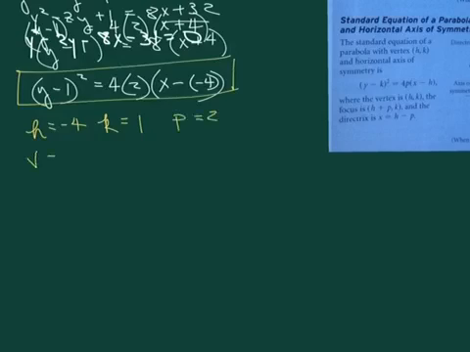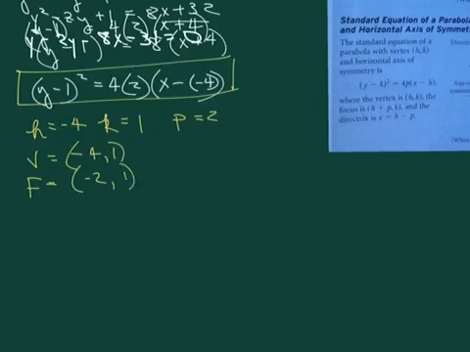So vertex is h, k, so negative 4, 1. My focus is, what is it? h plus p, k. So h, negative 4, plus p is 2, so that's going to give me a negative 2. And then my k is 1.